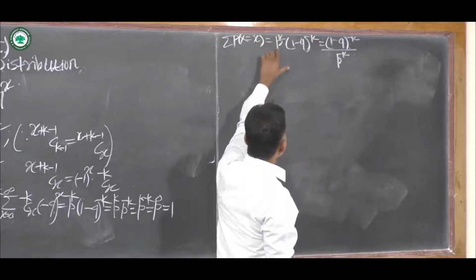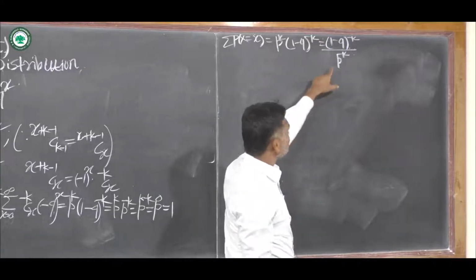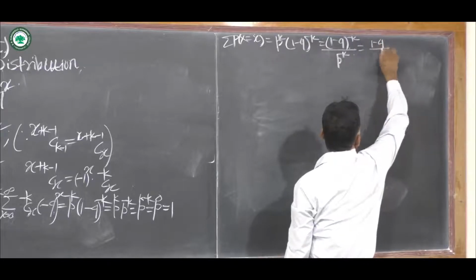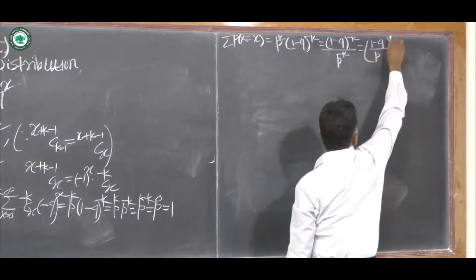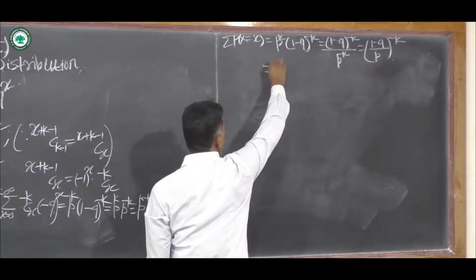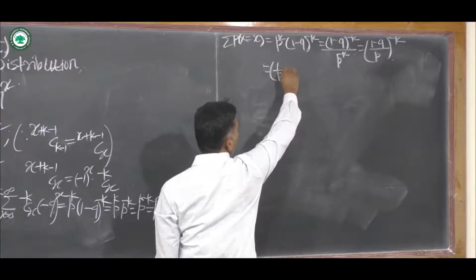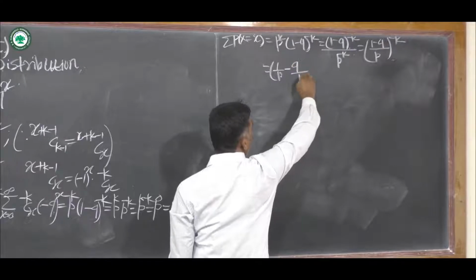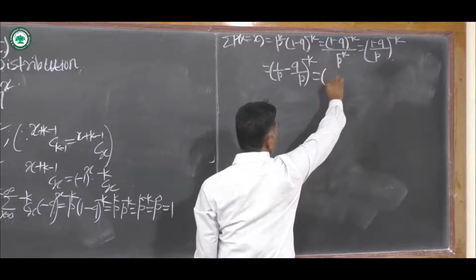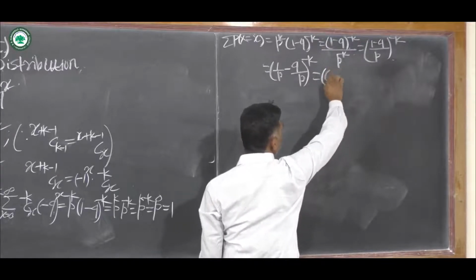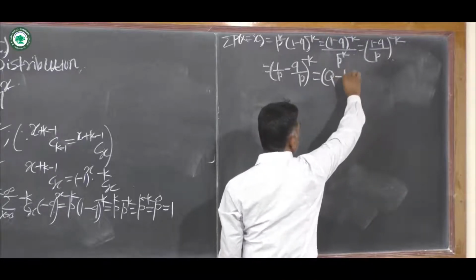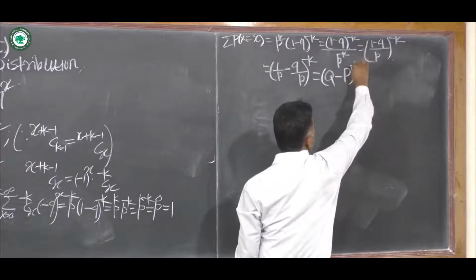Okay, this term p raised to k is taken to the denominator, which is equal to again 1 minus q upon p bracket raised to minus k. Okay, which is equal to 1 upon p minus q upon p bracket raised to minus k, again which is equal to, this is 1 upon p is equal to q minus p bracket raised to minus k.